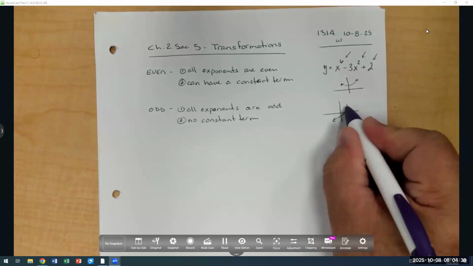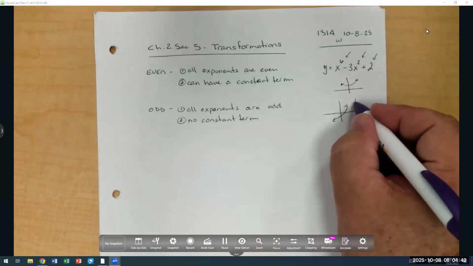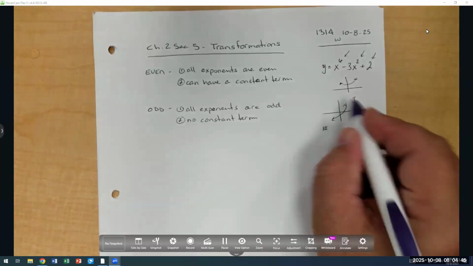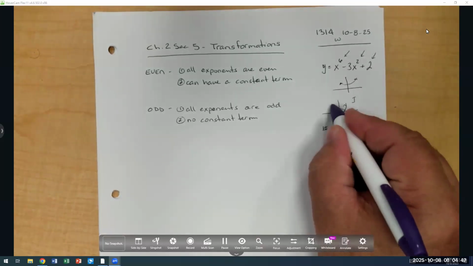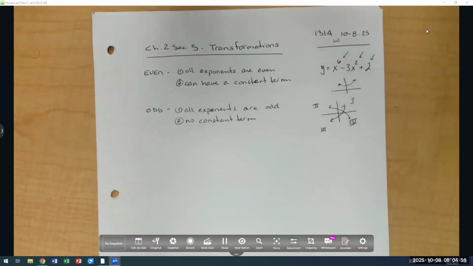That's where it's symmetric about the origin. It can go from first to third quadrant, or it can go from second to fourth quadrant, as long as it goes through the origin. And we're going to look at those in this section.